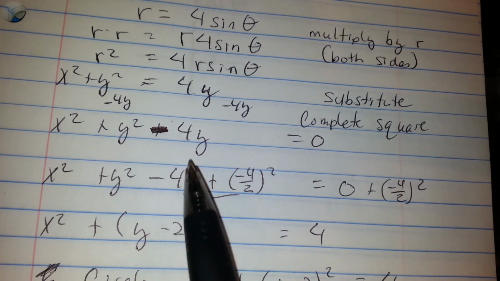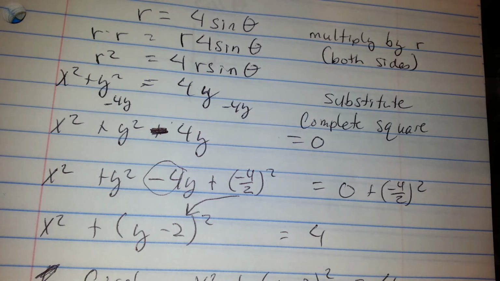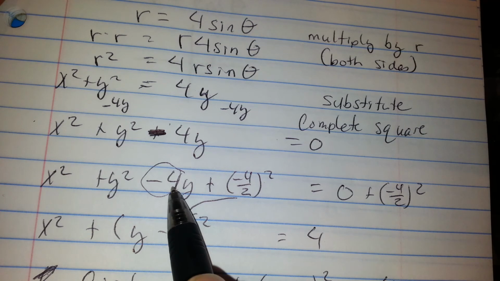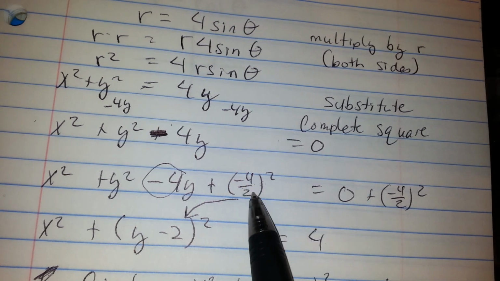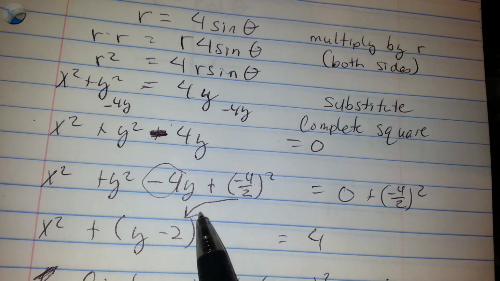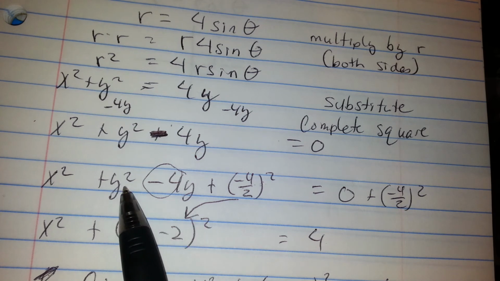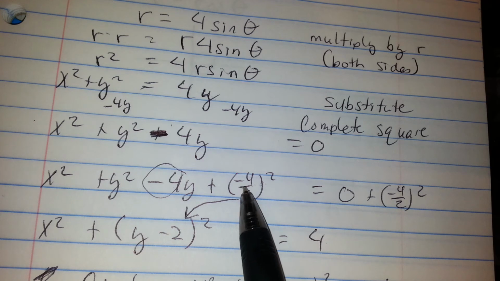Notice I divide this coefficient by 2 and I square it and add it here. That's the last term. That's going to be -2, and that's what I put here in parentheses. This y minus 2 squared creates y squared minus 4y, and -2 squared would be a plus 4.